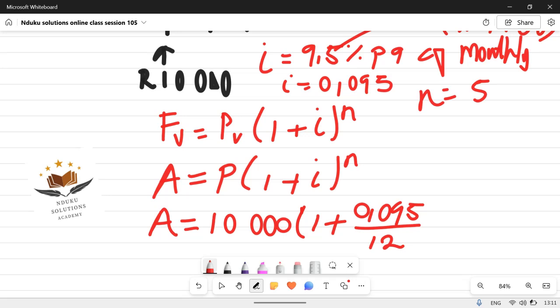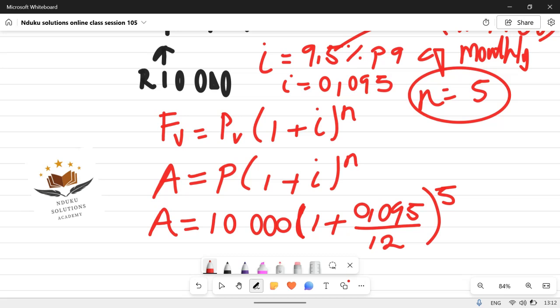So it's divided into 12 months. And how many months do we have in a year? 12. So each and every year, you get a portion of that 9.5 of interest, and you will gain it each and every month. And then the period now will be 5.